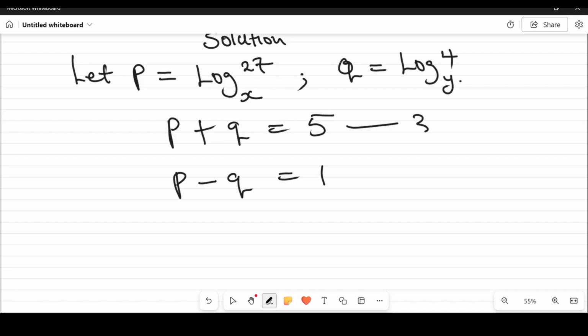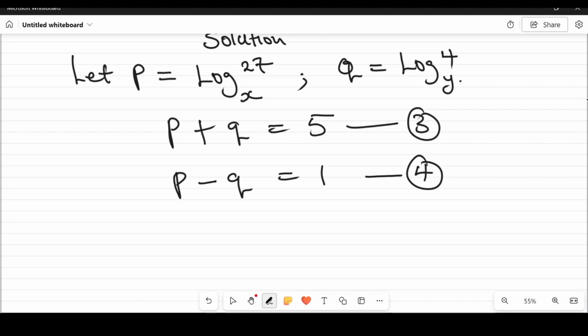Let's go here equation 3 and go here equation 4. So since equation 3 and equation 4 is now a simultaneous linear equation, we can use either the elimination method or the substitution method to solve for Q and P. But for this video, I'll be using the elimination method.